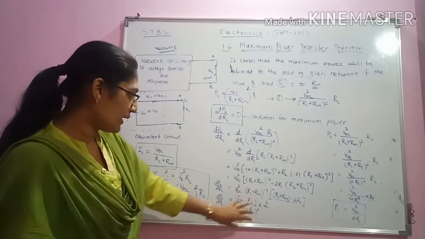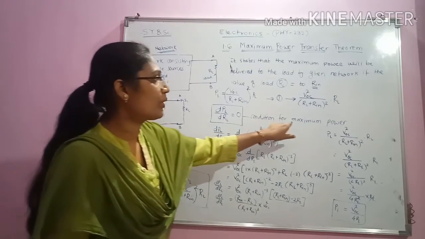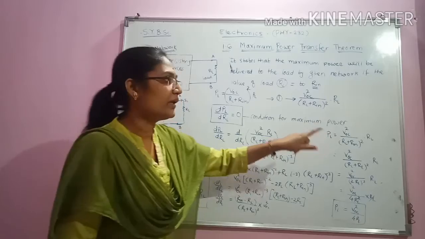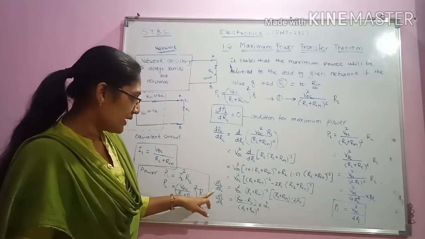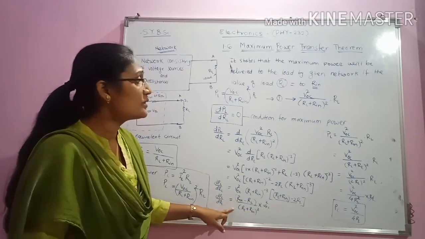Now we know that this term should be equal to 0 in order to have maximum power delivered to the load resistance. Hence, by making this term 0, this term will also become 0.